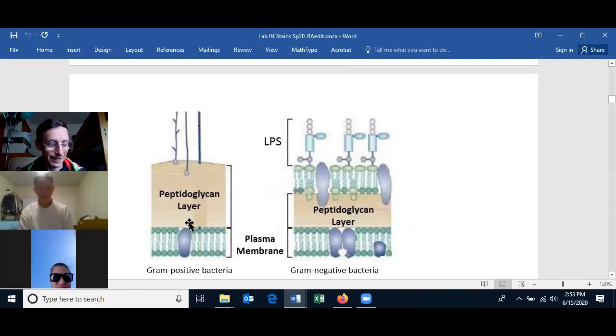I'm going to guess that's the, what is that called? The molecules running through the peptidoglycan in the gram-positive cells, and what's the name of that molecule? I'm drawing a blank on that. I'm sorry about that. I'll have to look it up.